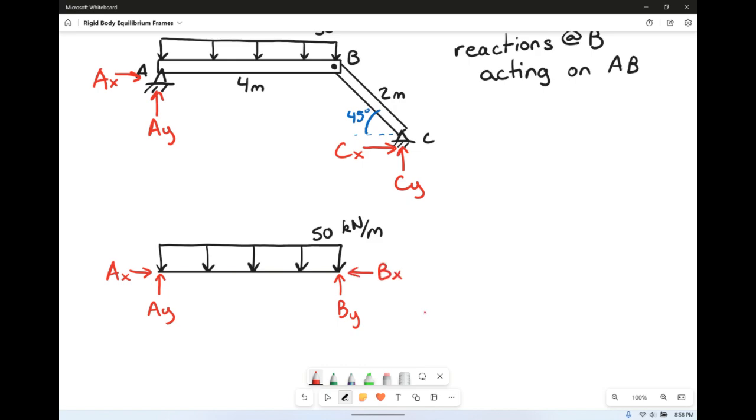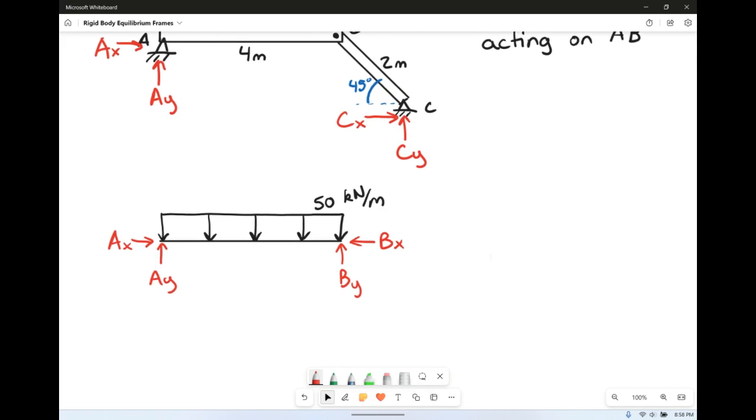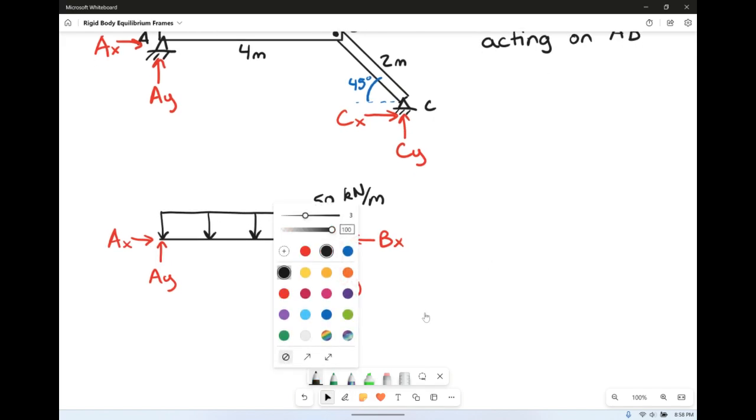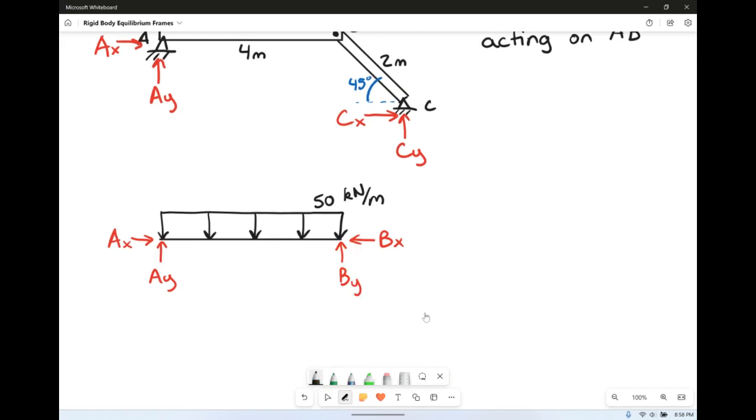Now this is just a simple beam problem at this point. If we start with the sum of the forces in the x or y, it's two unknowns, one equation. But if we sum the moments about a point, it doesn't matter which one, we'll start by summing the moments about B and set it equal to 0. We can most certainly find something, because remember that a moment is a force times a perpendicular distance.